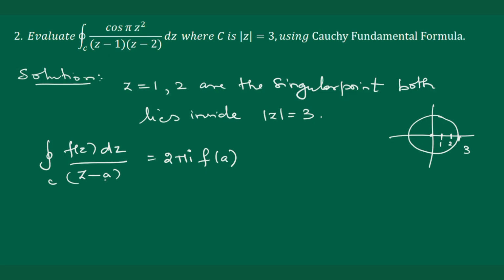If we have only one factor, directly we can apply this theorem. So the simplest way is to split this into partial fractions. Leave the numerator, we just split the denominator. So let us take 1 divided by z minus 1 into z minus 2.